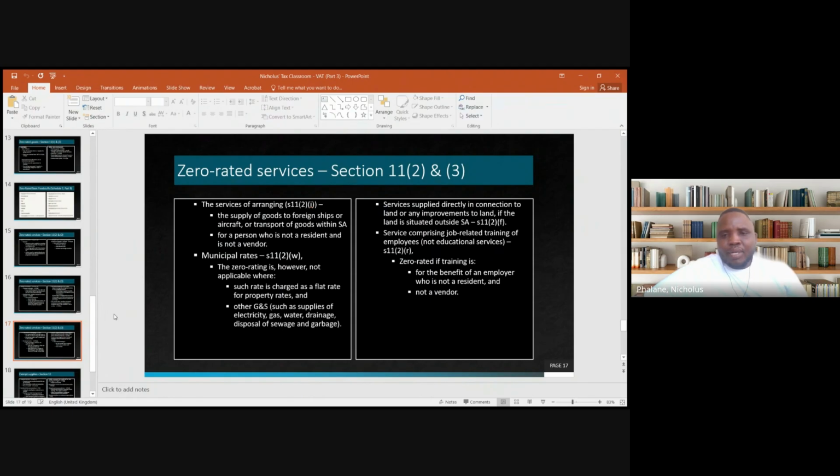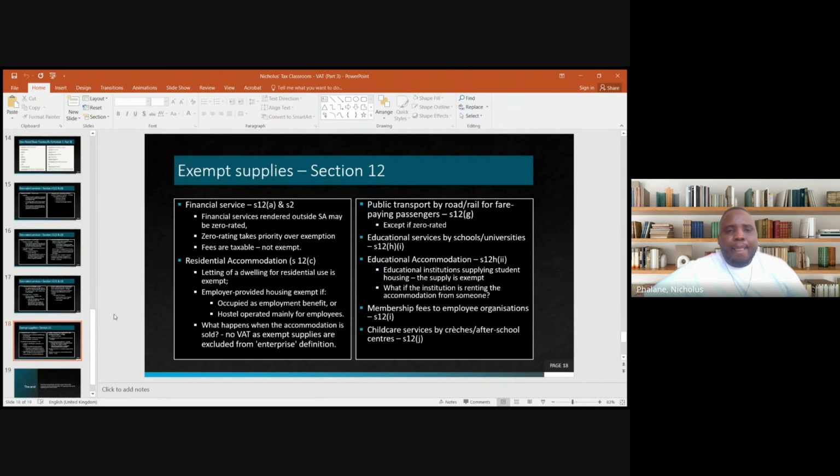So a local supplier of the training is providing it to employees of a non-resident employer and a non-vendor. In that case, when you look at the substance of it, this looks like an exported service. So even though the training is offered in SA, even if the employees are in SA, if it is for the benefit of an employer who's not a resident and not a vendor, then this would be zero rated.